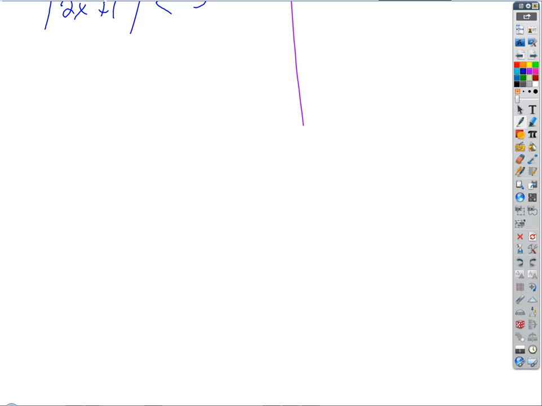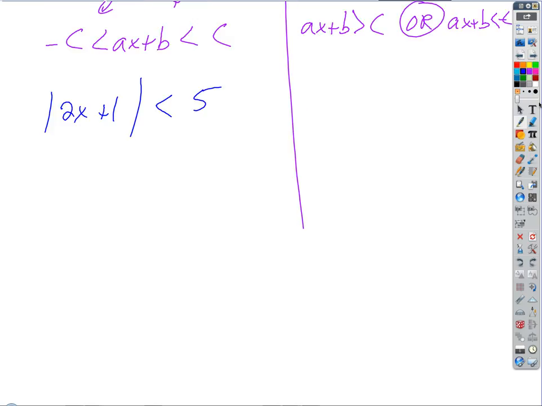So what about here then? How am I going to rewrite this one? That is greater than negative 5 and less than 5. There you go. We know that because of the direction of the inequality: the value has to be less than 5, so it's pinched between 5 and negative 5.